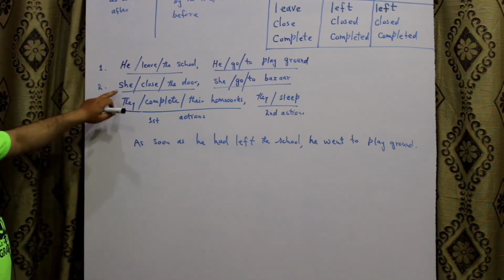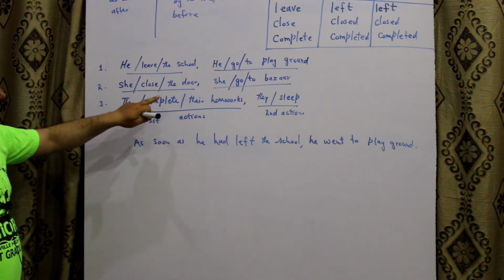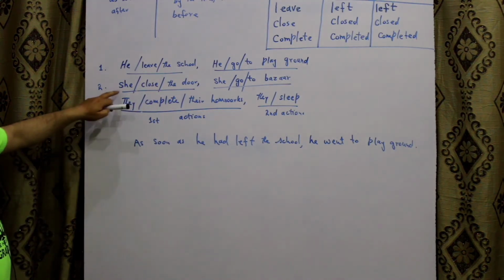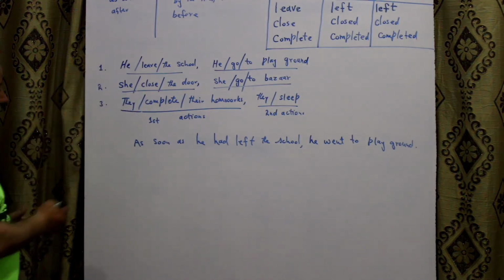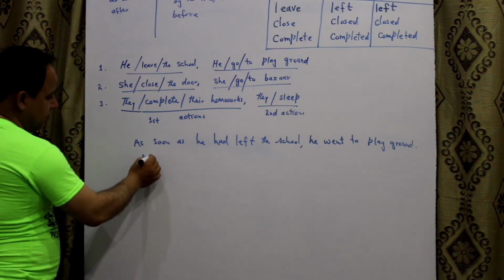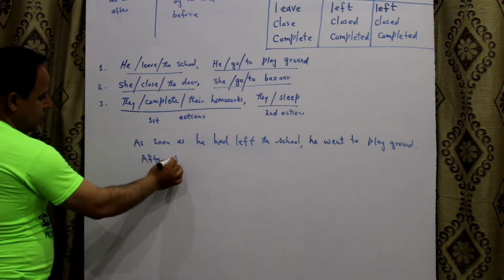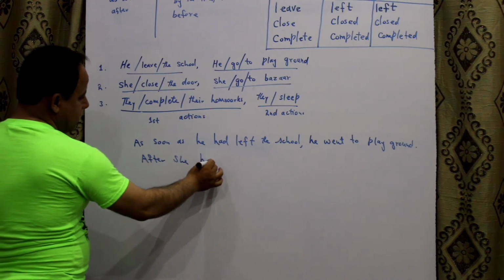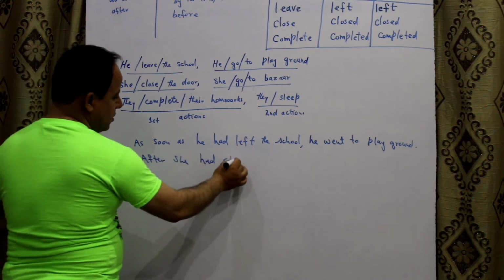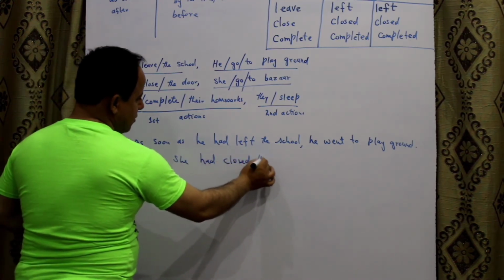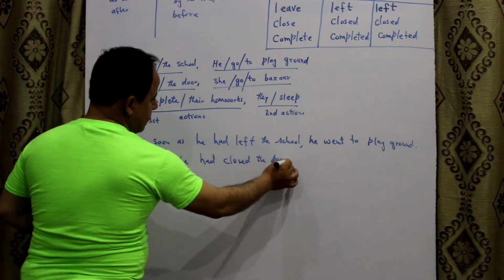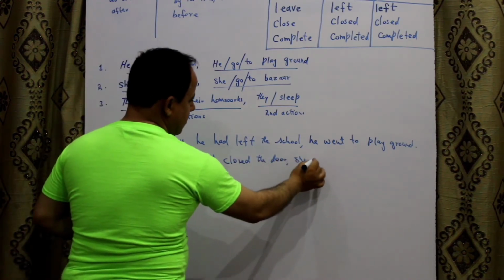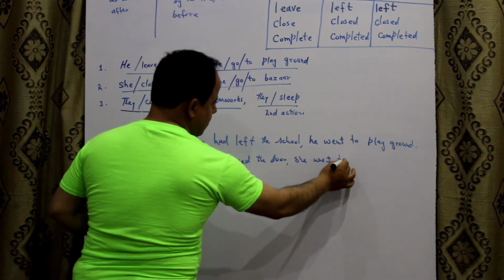Now the next example. She closed the door, she go to bazaar. Now again you can use after as well. For example, after she had closed the door, she went to bazaar.